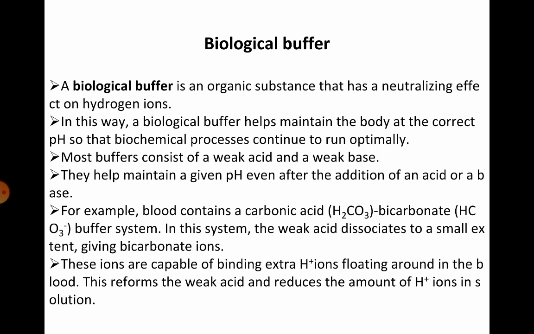For example, blood contains a carbonic acid H2CO3 and bicarbonate HCO3 minus buffer system. In this system, the weak acid dissociates to a small extent, giving bicarbonate ions. These ions are capable of binding extra hydrogen ions floating around in the blood. This reforms the weak acid and reduces the amount of H plus ions in the solution.